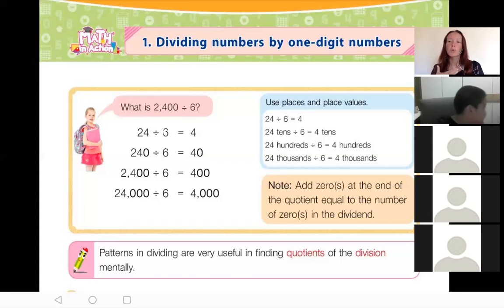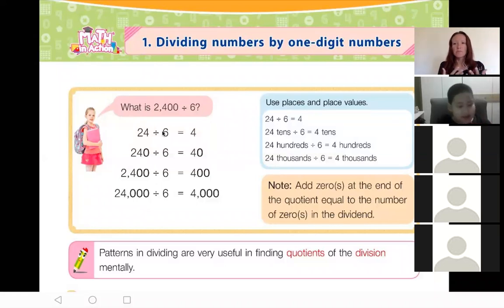So then we have to divide numbers. If we want to divide numbers, we have to know the multiplication table. If we don't know the multiplication table, it's impossible to do division. Without the multiplication table, there is no way.